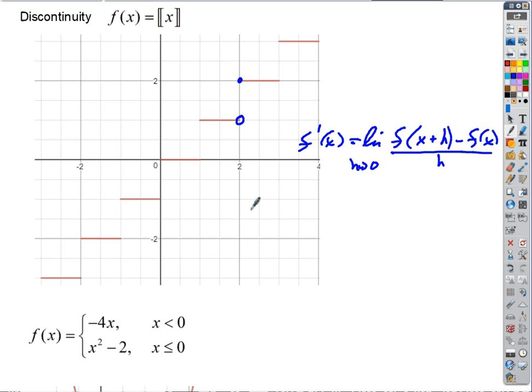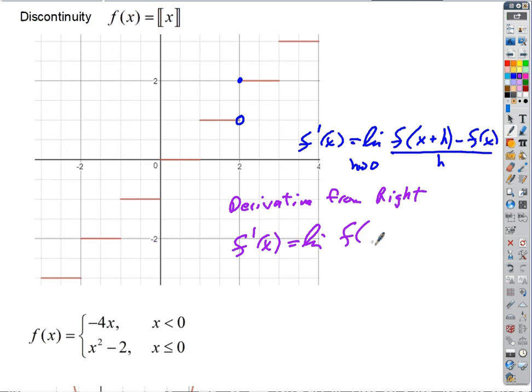The derivative from the right would be f prime of x equals the limit of f of x plus h minus f of x, as h approaches 0 from positive values. Agreed?